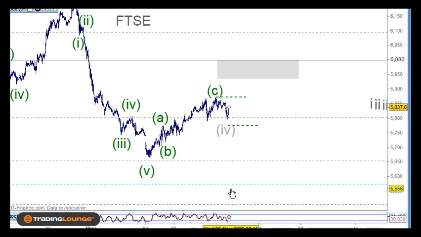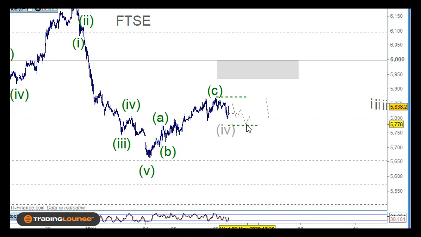On the short side here, we just need this to become the resistance. The same thing could play out. You could probably short it higher in this little area here somewhere, if you know what you're doing. If you're new to trading, then if the market comes back down through here, it'll bounce off that, and it'll eventually make this the resistance.